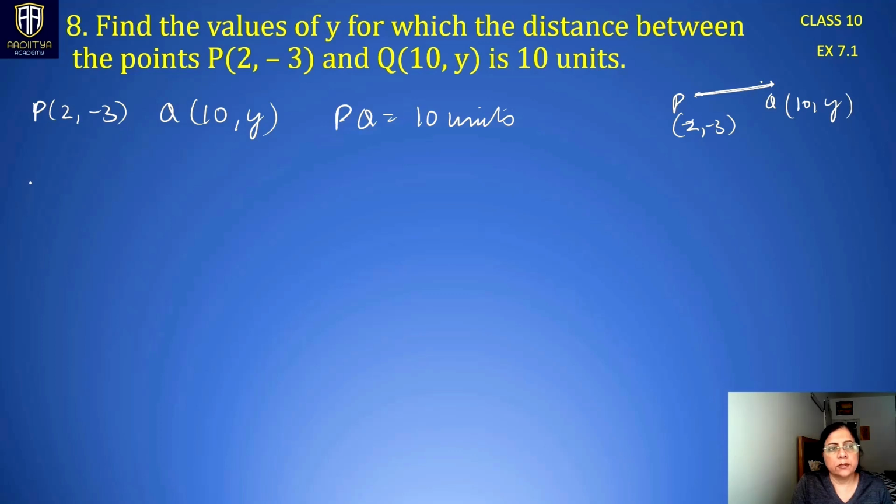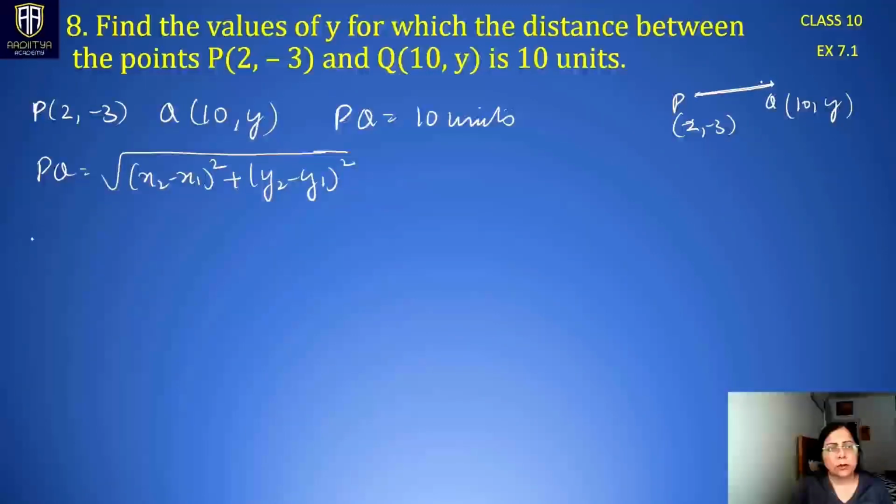So the formula is PQ is the square root of x2 minus x1 whole square plus y2 minus y1 whole square. I am putting this formula. PQ is 10. Now substitute the values. x2 is 10, so 10 minus 2 whole square.